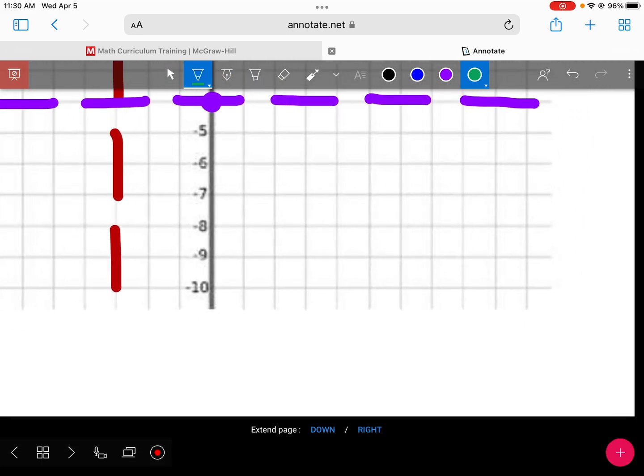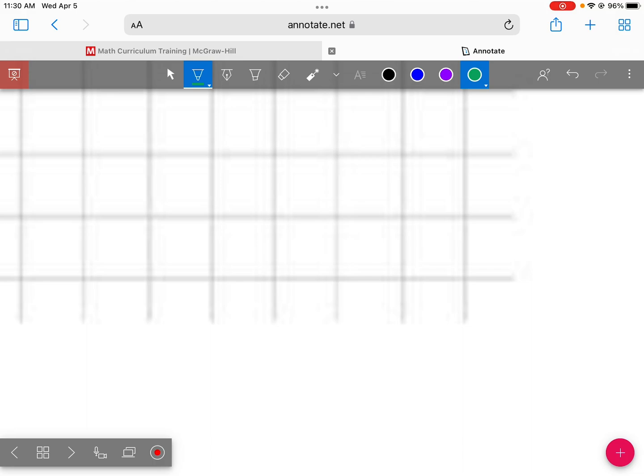My x's are positive, but my y's are negative. When I multiply a positive and a negative together, we get a negative. This is a negative quadrant. Those pluses and minuses will never change. It's always going to be those pluses and those minuses in those particular quadrants for every problem we do here.